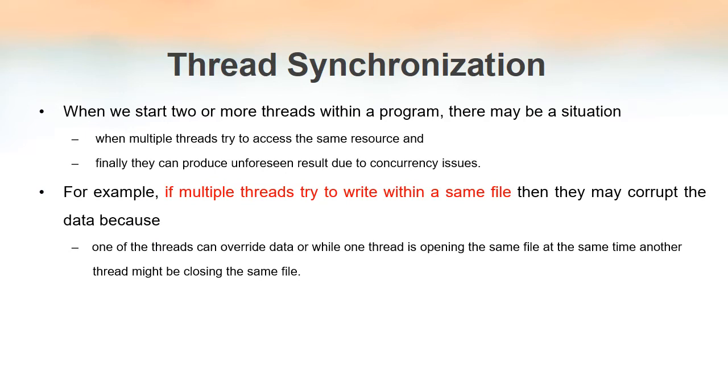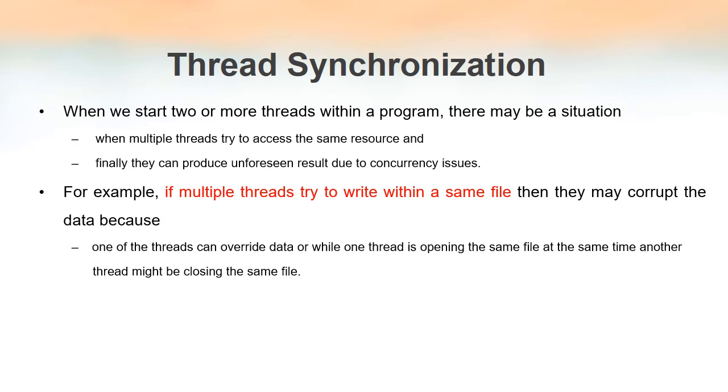For example, if we have multiple threads, say 2 or 3 threads, trying to write something to the same file. So we have file 1, into which we have multiple threads, say T1, T2 and T3, trying to write some content.